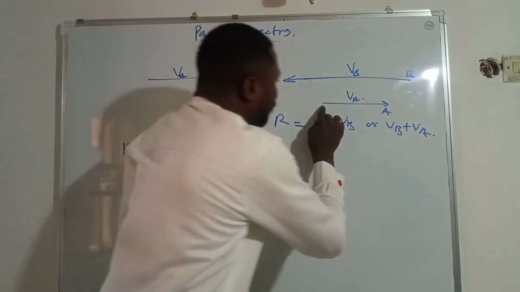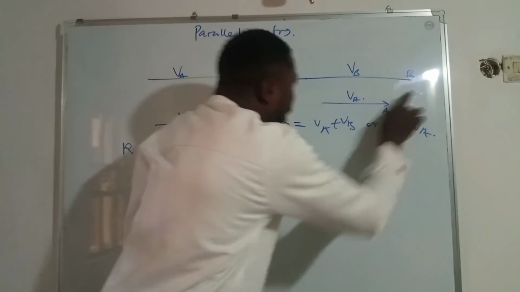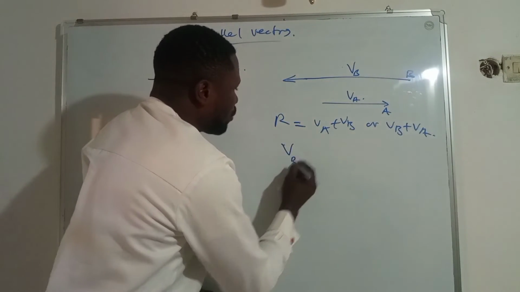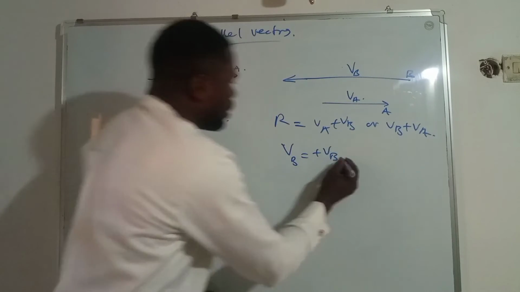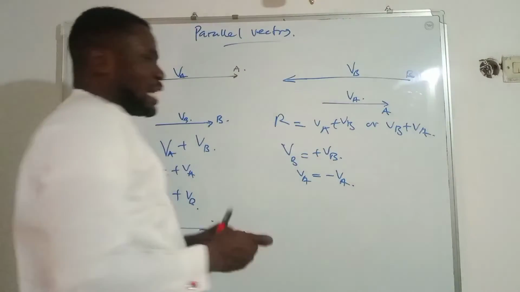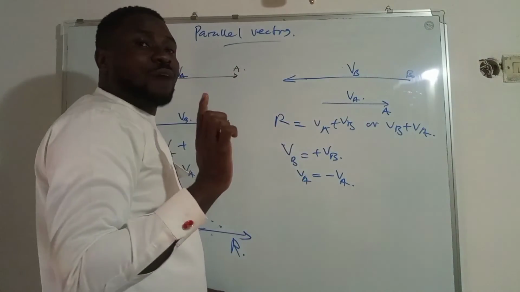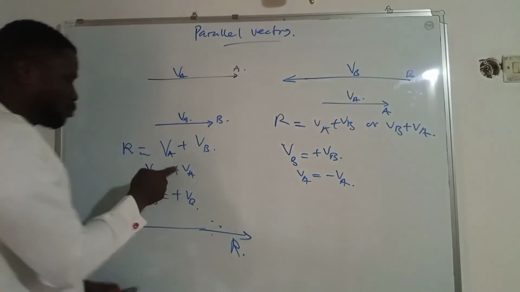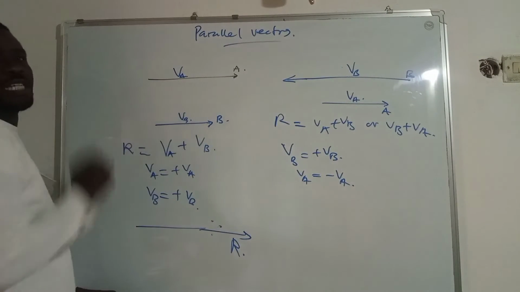What do you see? From here to here will be shorter than from here to here. Therefore, this is longer. And so I will say VB will be positive VB, while VA will be negative VA. In this case, you see that the signs given to them are positive and negative. The reason is that they are not moving in the same direction. Here, it was positive, because they are heading the same direction.